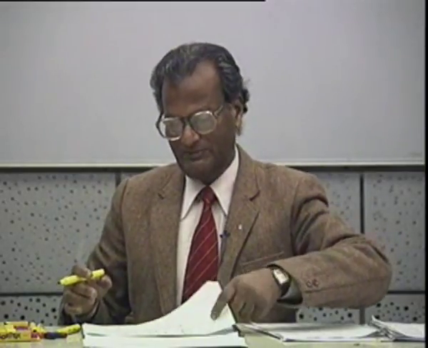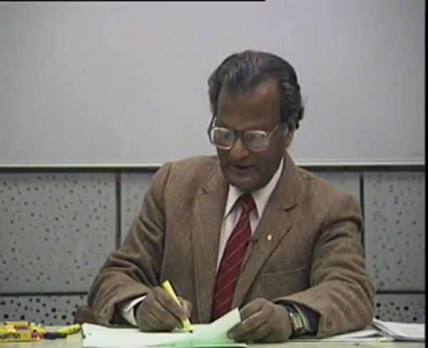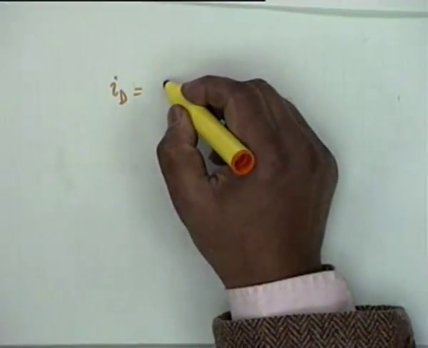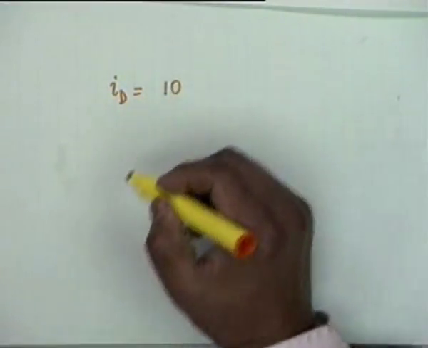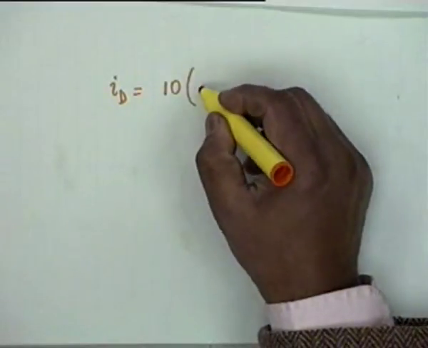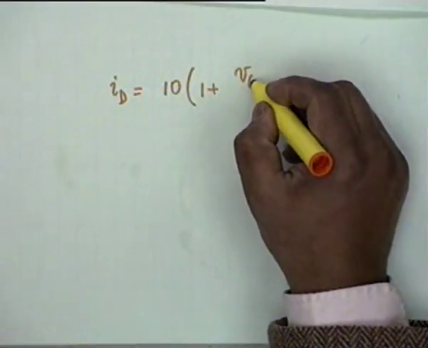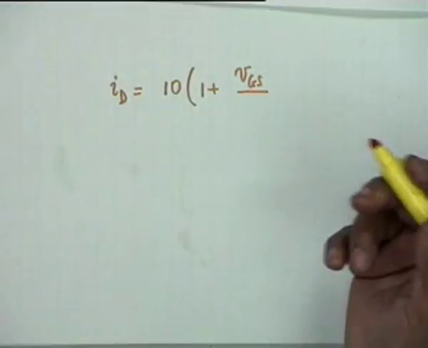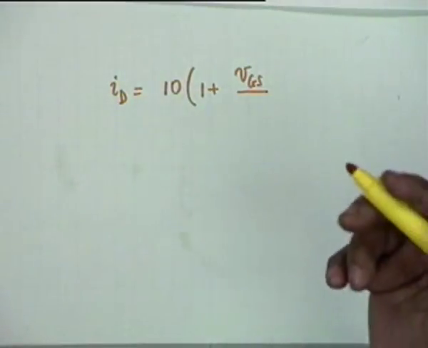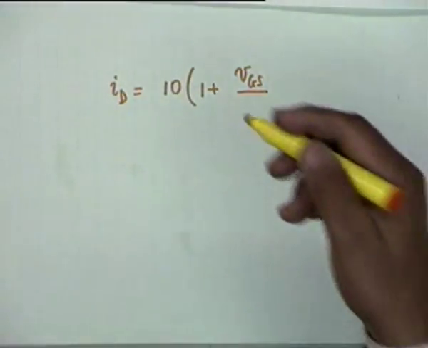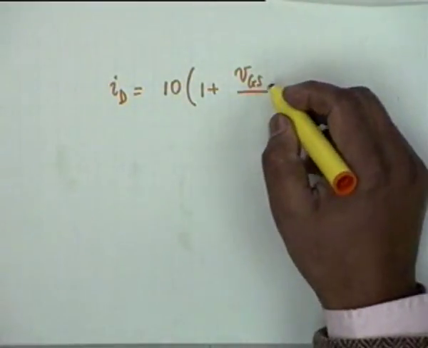Our relationship for I sub D and VGS is 10 multiplied by 1 plus VGS by 5 whole squared, so many milliamperes. I am using the total because someone objected. Okay, this is a DC design. I could use the capital also, but doesn't matter.